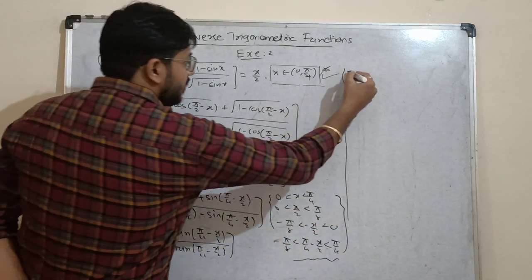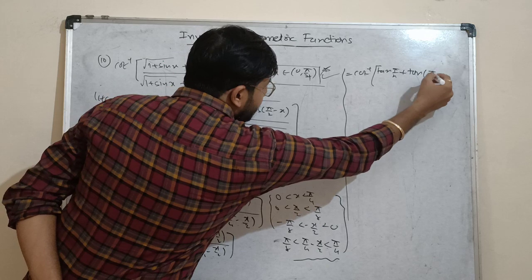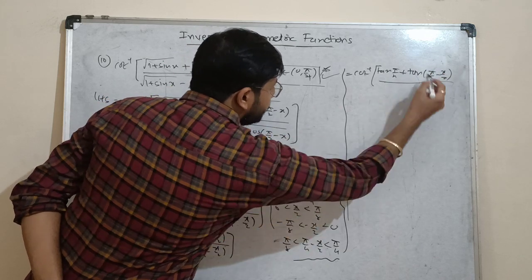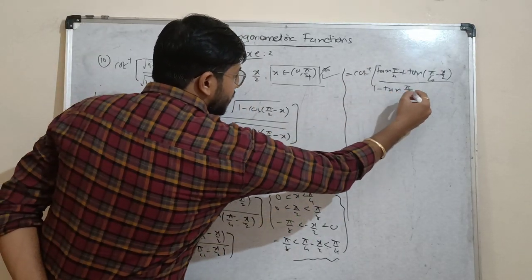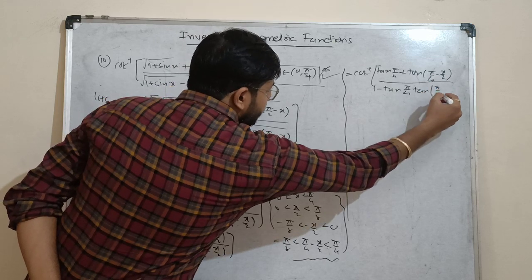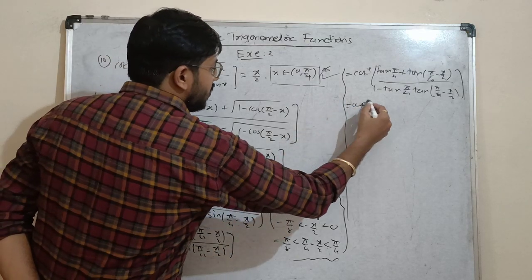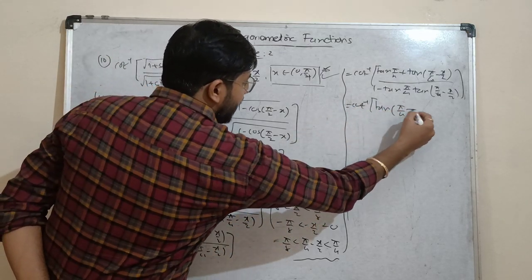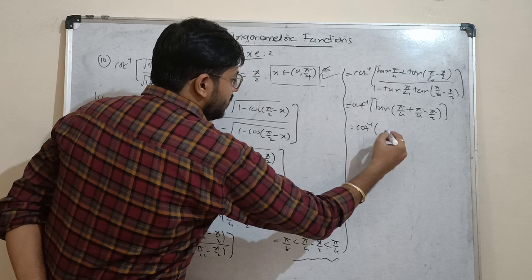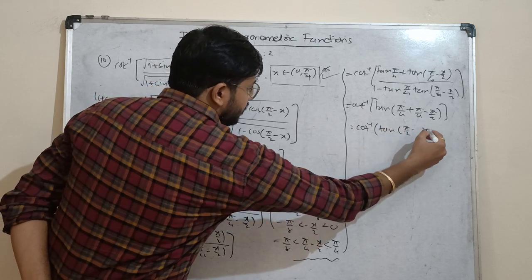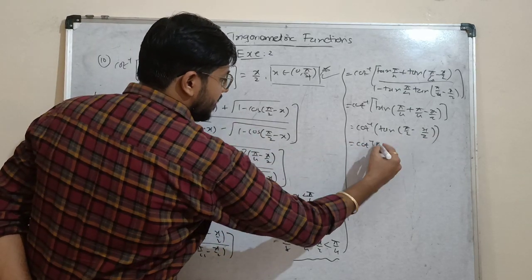Now instead of 1 I can say it's tan pi by 4, so tan pi by 4 plus tan pi by 4 minus x by 2, and 1 minus tan pi by 4 into tan pi by 4 minus x by 2. So this will become an equation of tan alpha plus beta, hence it is cot inverse of tan pi by 2 minus x by 2, and tan pi by 2 minus x by 2 is what?